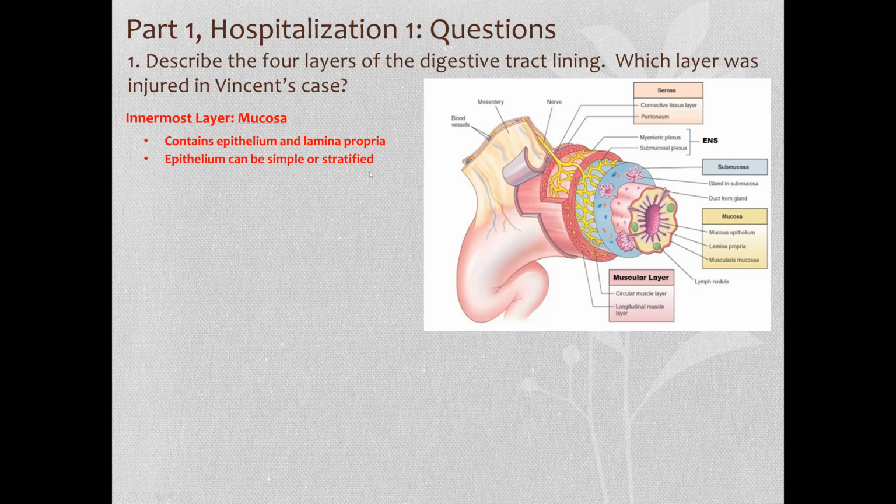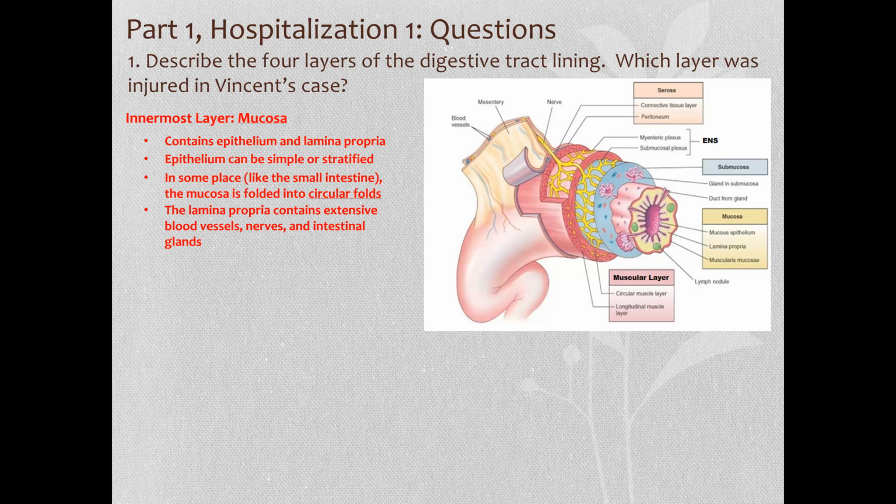In areas of the digestive tract where there is not a lot of abrasion, you will have simple columnar epithelium. And in places where you do have a lot of abrasion, you will have stratified squamous epithelium. In some places, like in the small intestine, the mucosa is folded into complex folds called circular folds or plicae circularis.